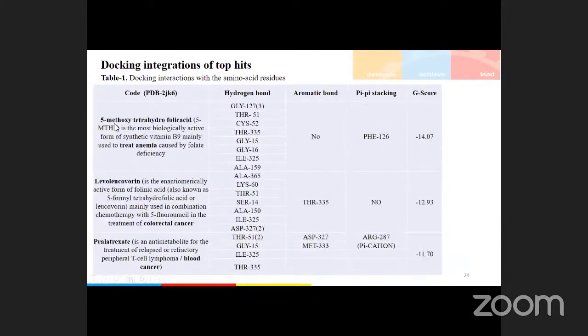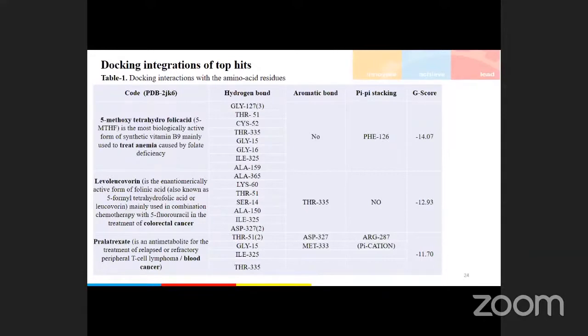Then that top hit molecule was identified as 5-methoxy tetrahydrofolic acid. All of us might have heard about folic acid. It is the biologically active form of the synthetic vitamin B9, folic acid, mainly used to treat anemia caused by folate deficiency.